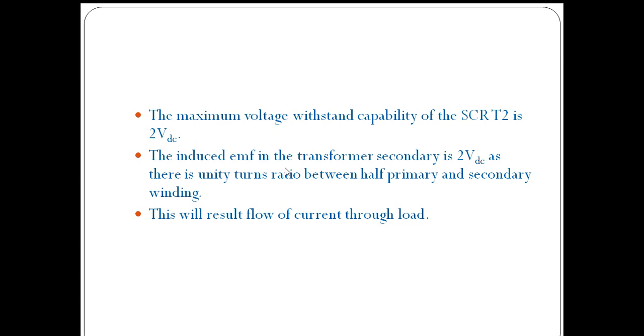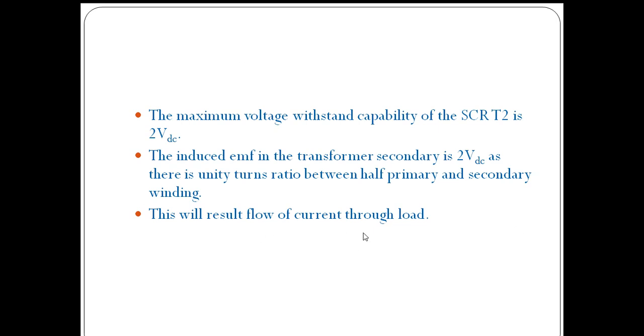The induced EMF in the transformer secondary is 2 VDC, as there is a unity turns ratio between the half primary winding and the secondary winding. The turns ratio should be equal, unity, so that the voltage across the capacitor will charge up to 2 VDC.